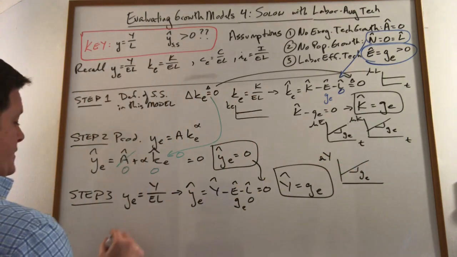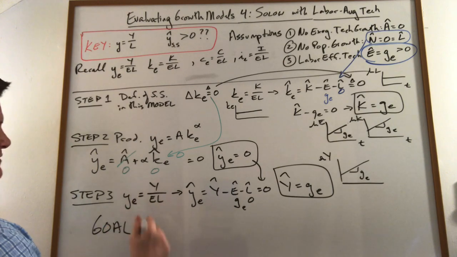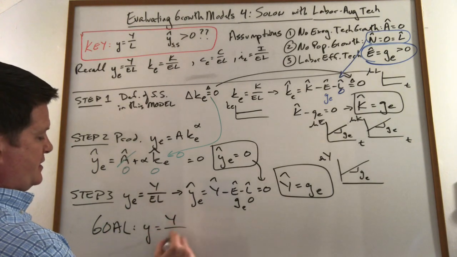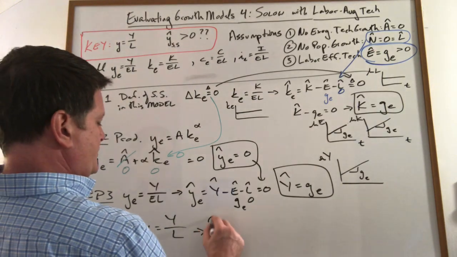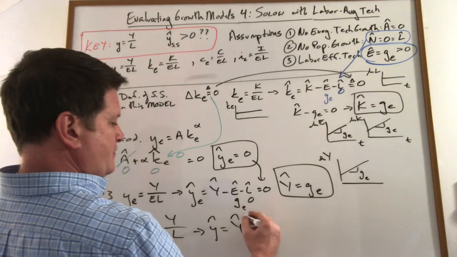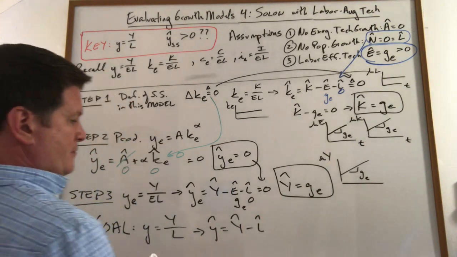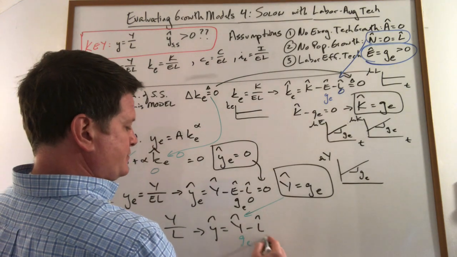Log. But our goal is not this, it is to get GDP per worker, period. That we now know. This is growing at gE. This is growing at 0.